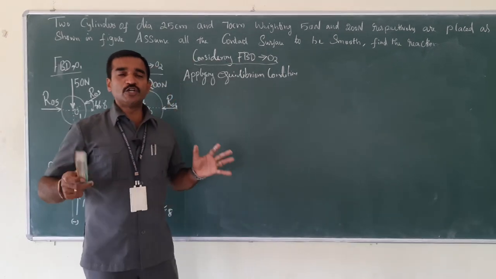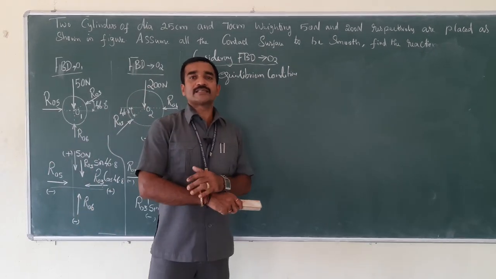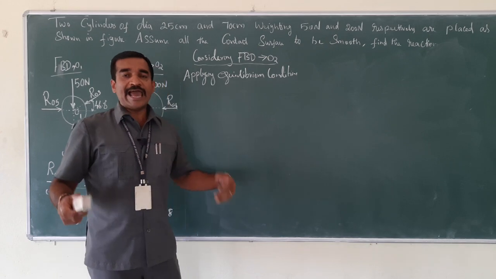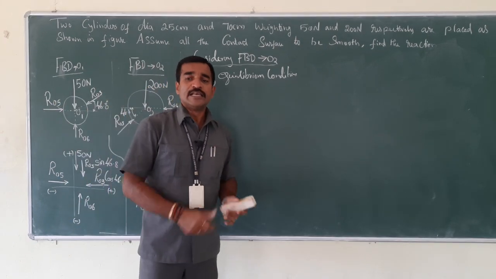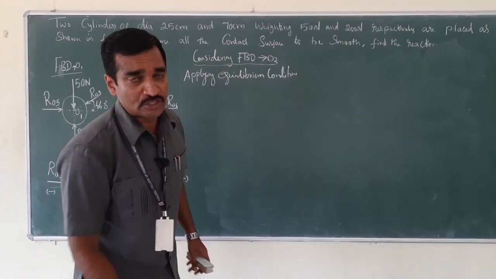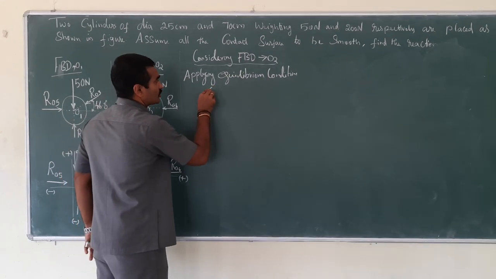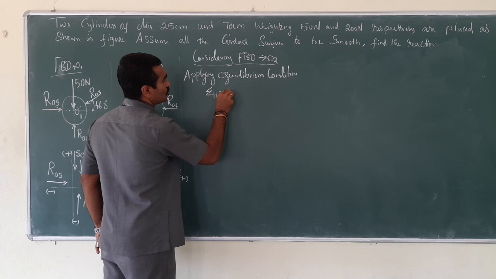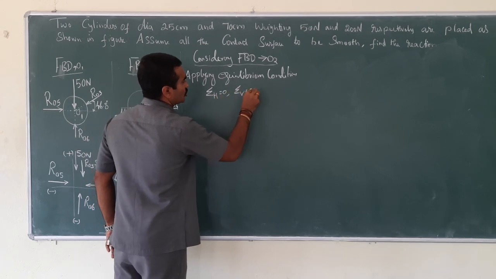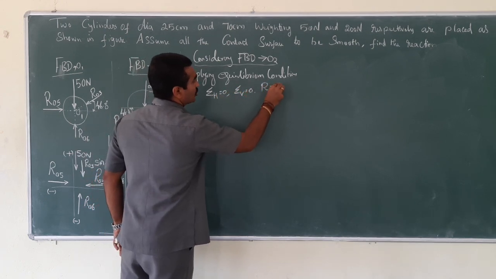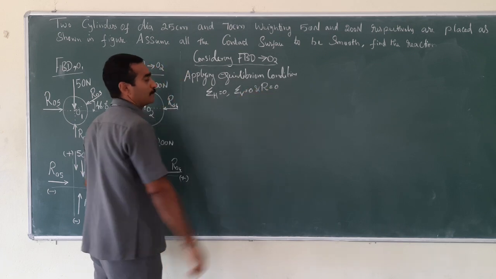A body is said to be in equilibrium when the resultant of all the forces acting on it is 0. That means if the resultant is 0, naturally summation H and summation V would be 0, right? So summation H is equal to 0, summation V equal to 0, therefore R is equal to 0.